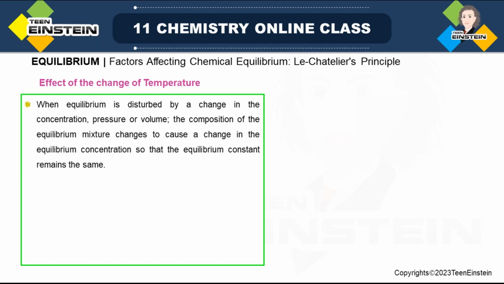And what is the difference? In the previous three cases we have seen, the system is just adjusting. It is moving backward or forward to readjust its equilibrium. But when it is temperature you are changing, the value of Kc or Kp itself will change.